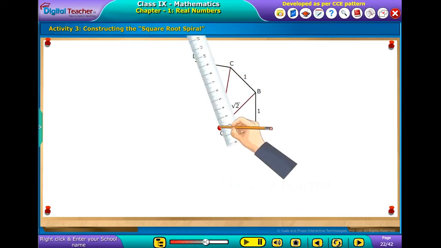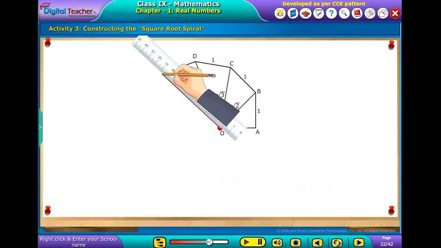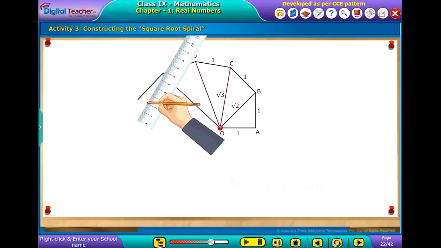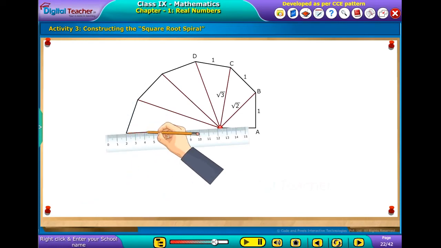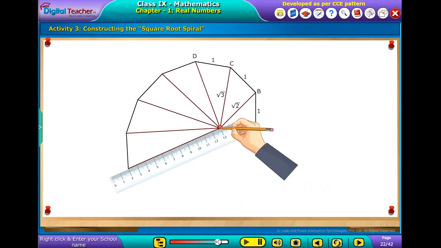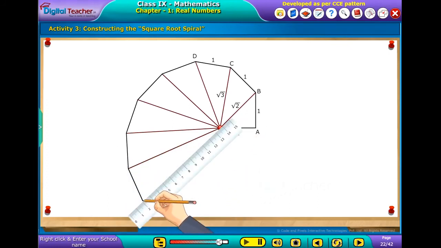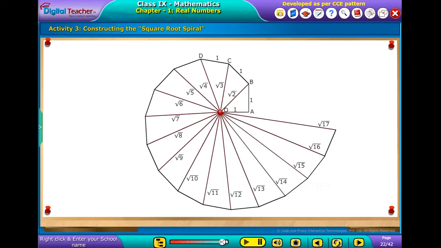By continuing the same process, finally we obtain the spiral made of line segments as shown on screen. Note that the line segments OA, OB, OC, OD and so on represent the lengths 1, √2, √3, √4 and so on respectively.